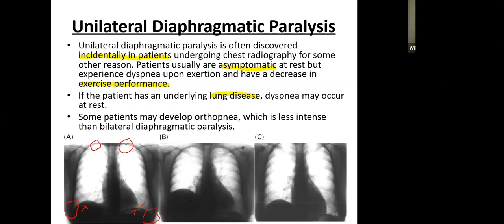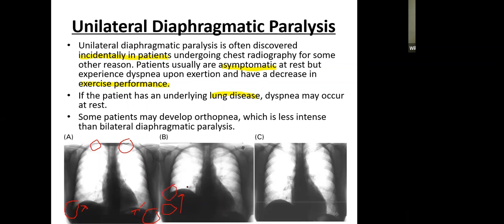Now in this one, we see a totally different story. We see a really very high border of the right cupola of the diaphragm. This is extremely abnormal. So this is a normal, and this is an abnormal picture. The costodiaphragmatic recess, which would normally be here, is right up here.